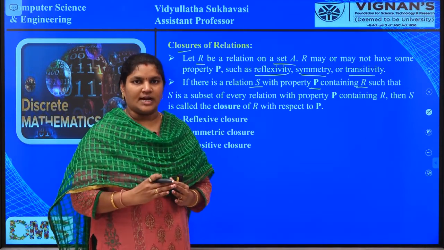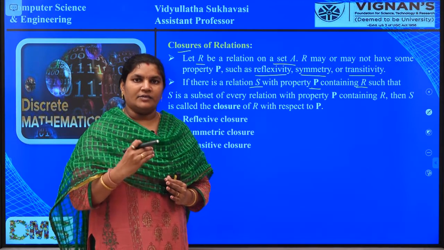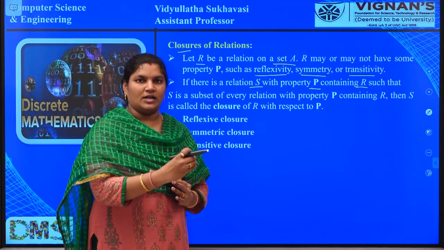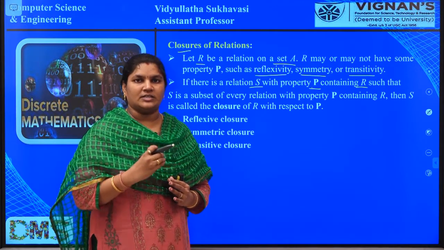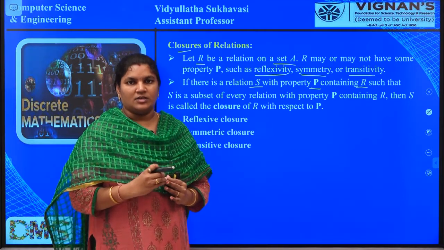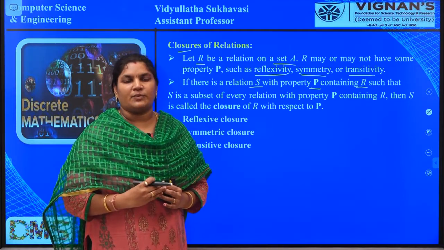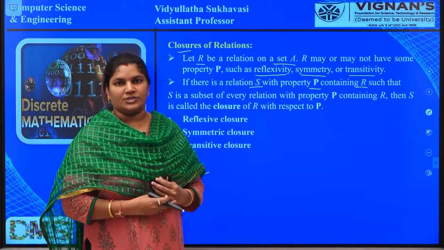If it is not satisfying, we need to check which subset to add to R to make it symmetric. That subset will satisfy the property of closures.